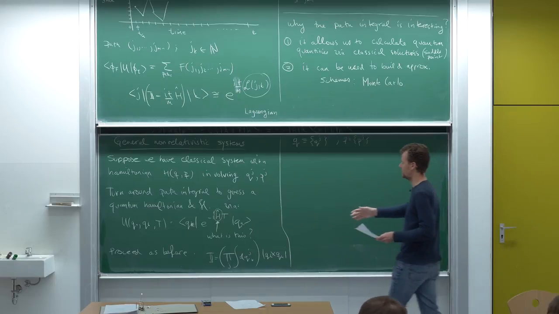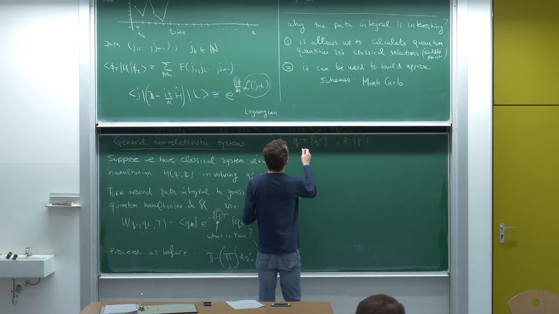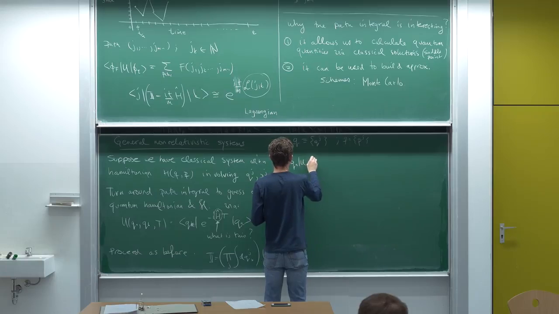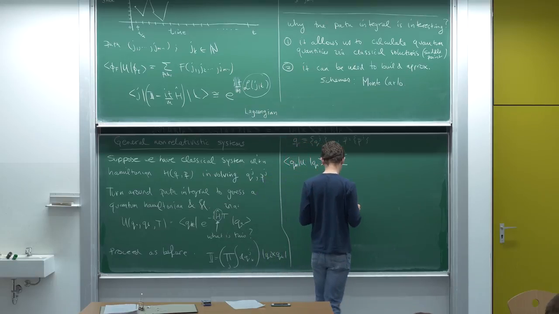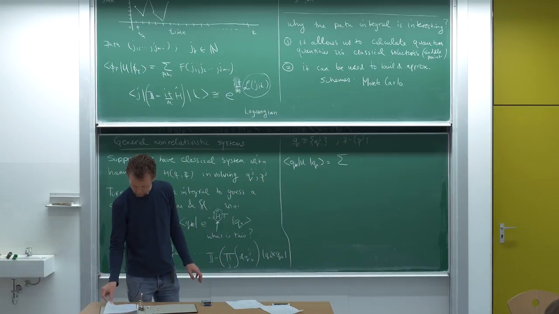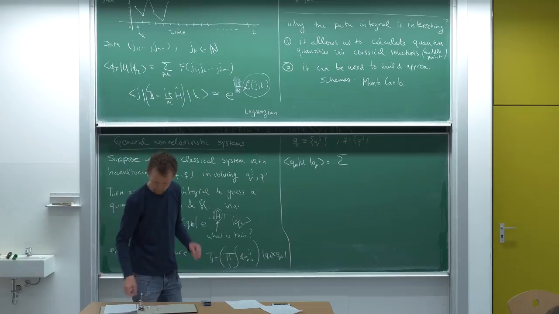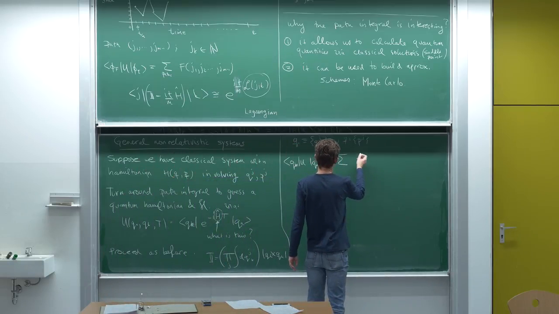So we're inserting this completeness relation between all these exponentials, and we get this expression for the propagator as a sum of lots of terms.